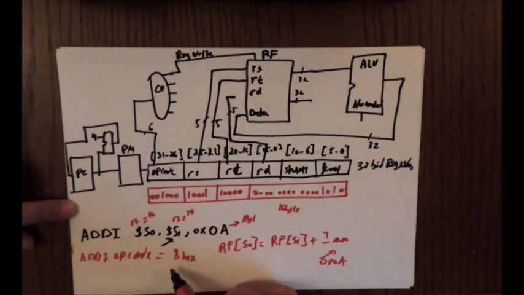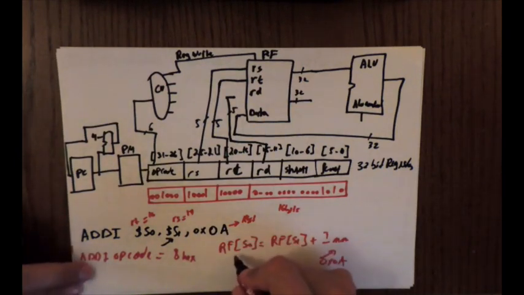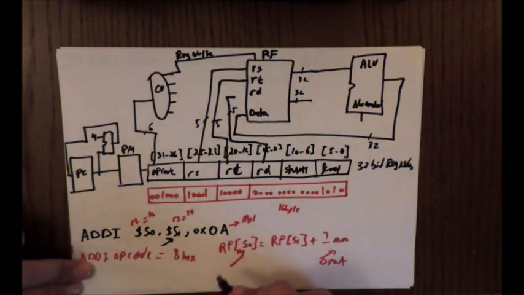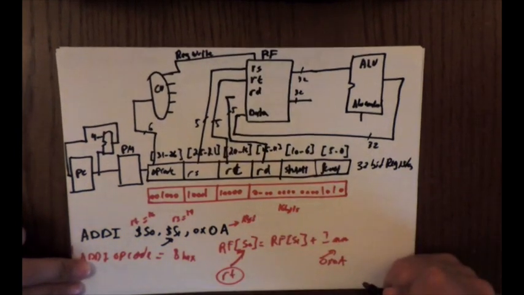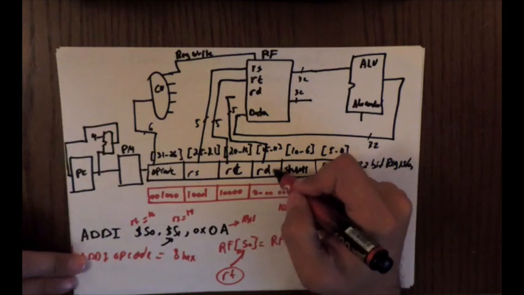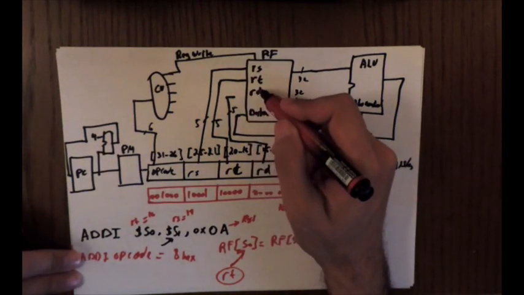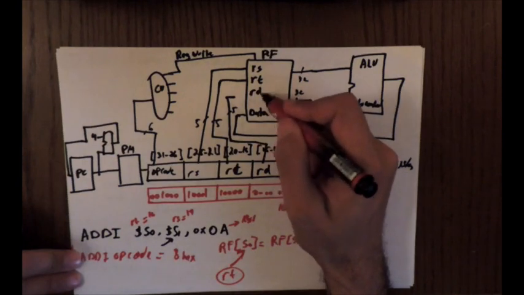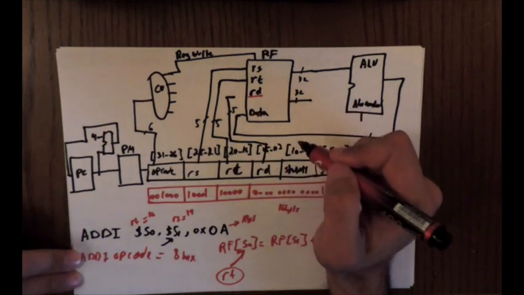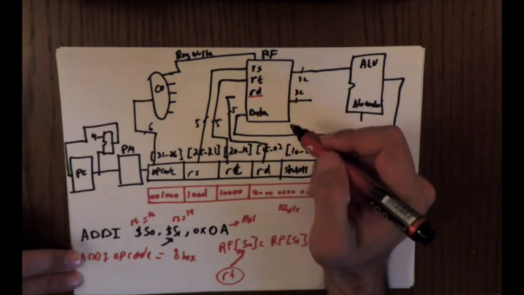Now, if I look at the operation of adding the values, first I notice that the destination now is RT. It's not RD. And we know that in the previous example, RD was wired to the destination. This register is where the destination address lies.